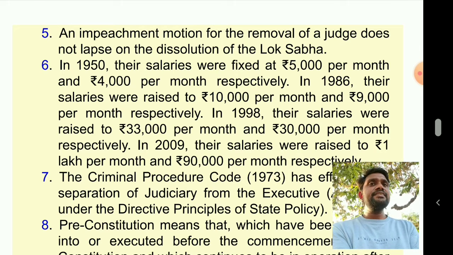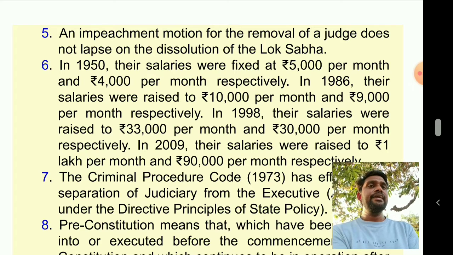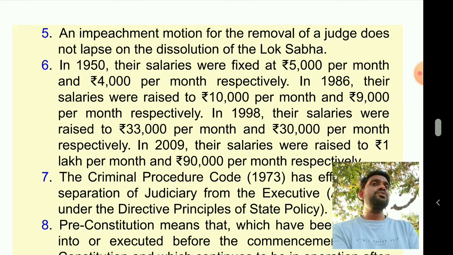Next, sixth, in 1950, their salaries were fixed at 5,000 per month and 4,000 per month respectively. In 1986, their salaries were raised to 10,000 per month and 9,000 per month respectively. In 1998, their salaries were raised to 33,000 per month and 30,000 per month respectively.